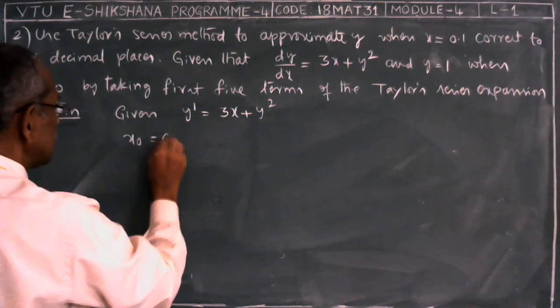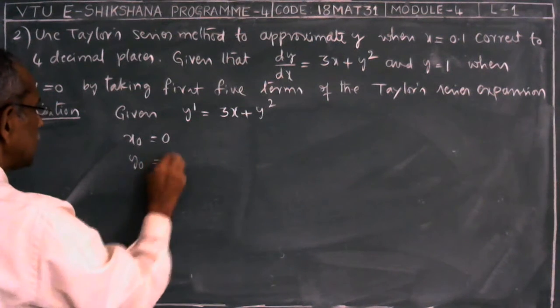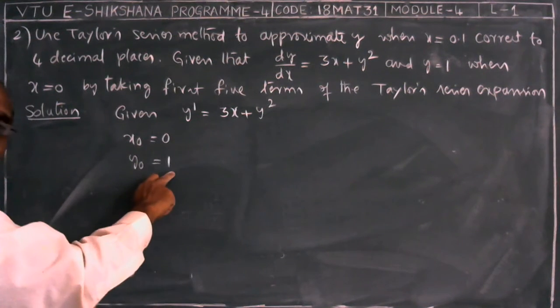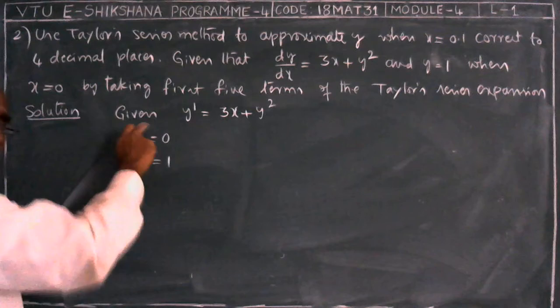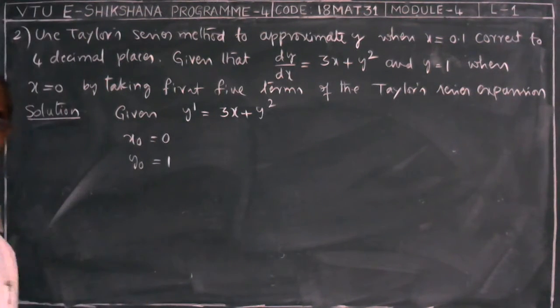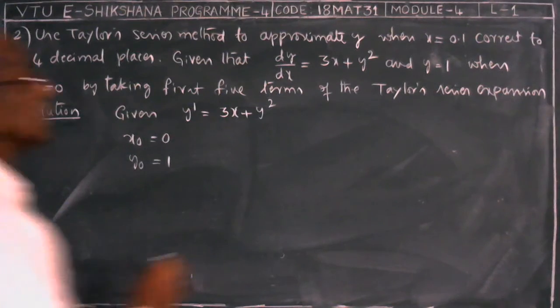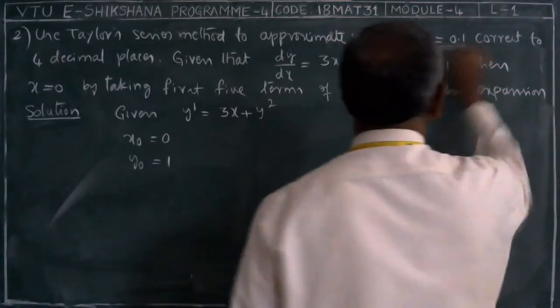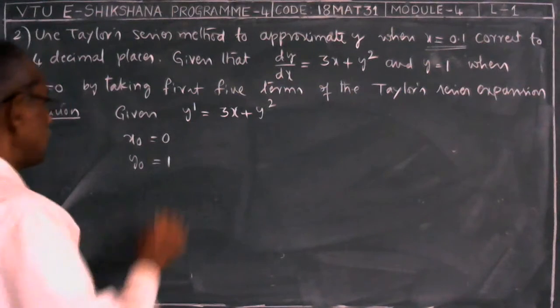That means x naught is 0 and y naught is 1. The next value of x that you see in the problem is only 0.1, so that is your next value.